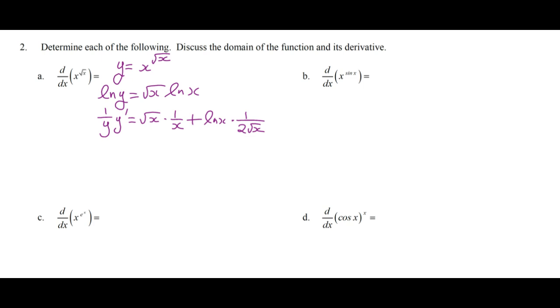Right, that's pretty much it. We want y prime. So that's y times, but y is x to the root x, times root x over x plus ln x over 2 root x.